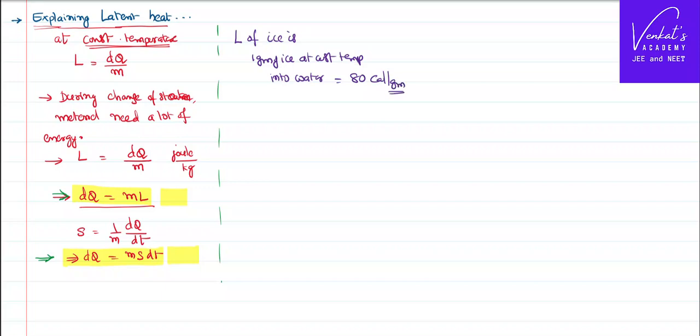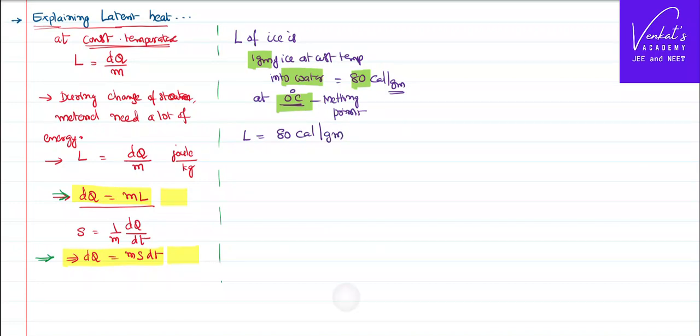It means to convert 1 gram of ice into water at constant temperature, this happens at 0 degree centigrade. This temperature is called the melting point of ice. So the latent heat of ice is defined as the amount of heat required, that is of course 80 calories, to convert 1 gram of ice into water at 0 degree centigrade.